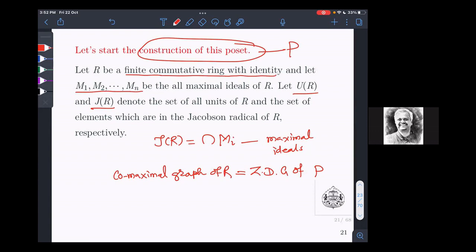Not only that, what is the essential part of the poset? The zero divisor graph of that poset is nothing but the co-maximal graph of that ring R.